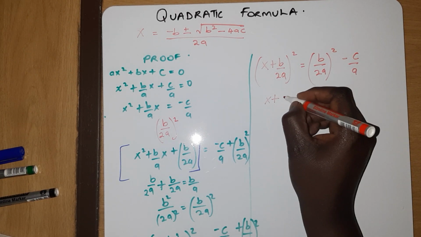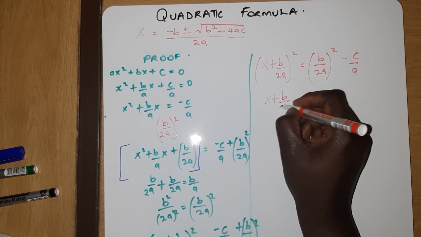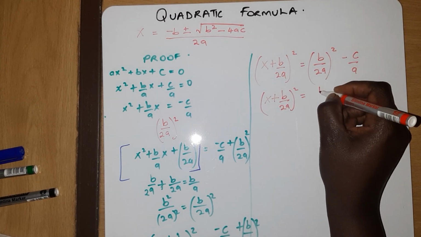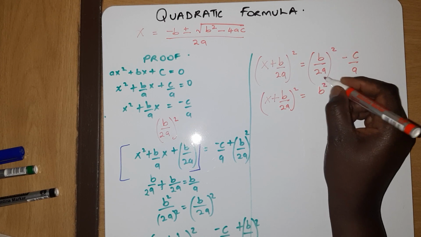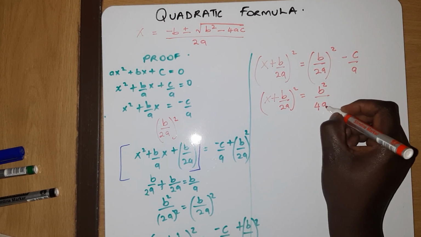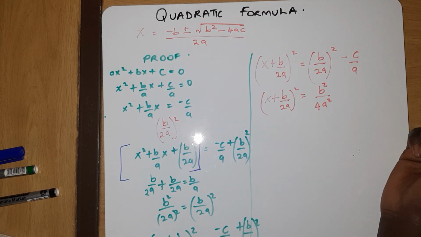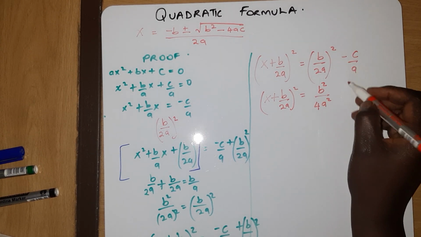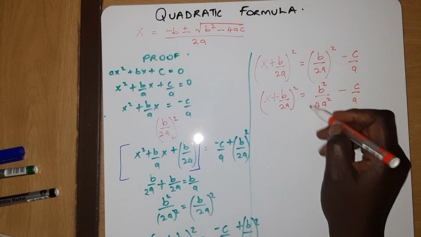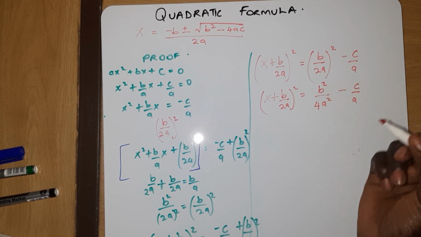Simplifying further, x plus b over 2a squared is equal to b squared over 4a squared, minus c over a. So this is subtracting fractions.